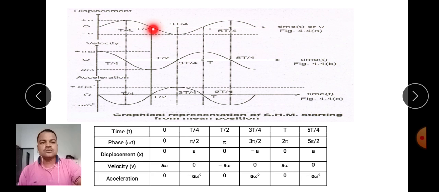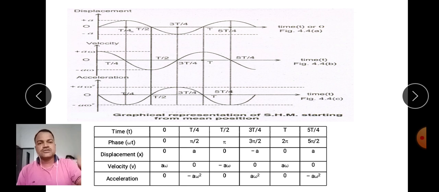Then at 3 pi by 2, the particle is at maximum amplitude but on the left side, meaning the down position. At 2 pi it becomes the initial position, or 0 displacement. So for one oscillation this graph will be covered. Similarly, this graph will repeat again and again.